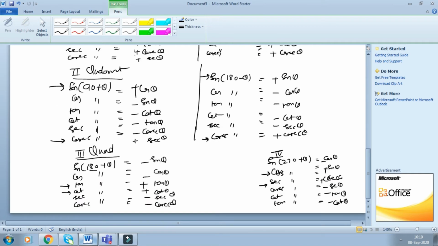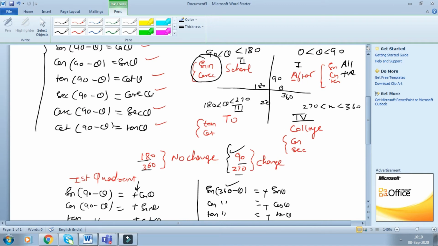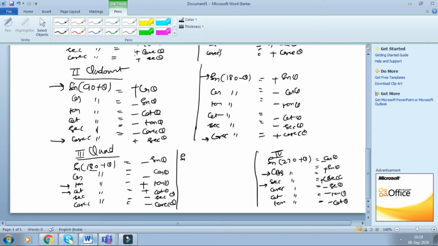So let's move towards the third quadrant. In the third quadrant, earlier we moved by 180 plus theta, right? Another way to move into this is 270 minus theta. So we'll frame the formulas for that also: sine 270 minus theta, and similarly for cos, tan, cot, sec, and cosec. So what are the results? First of all, we have to take care, it is 270.